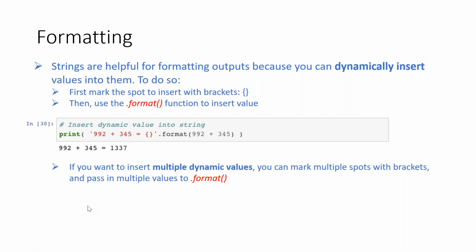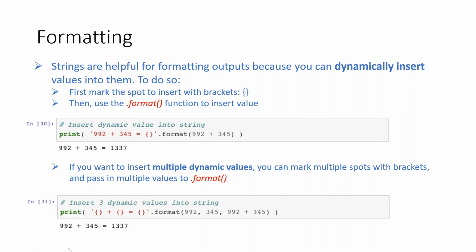If you want to insert multiple dynamic values, you can do that also. Put multiple braces wherever you want a placeholder, and you get the output from after dot format. Let's say I don't want to give any hard coded value.